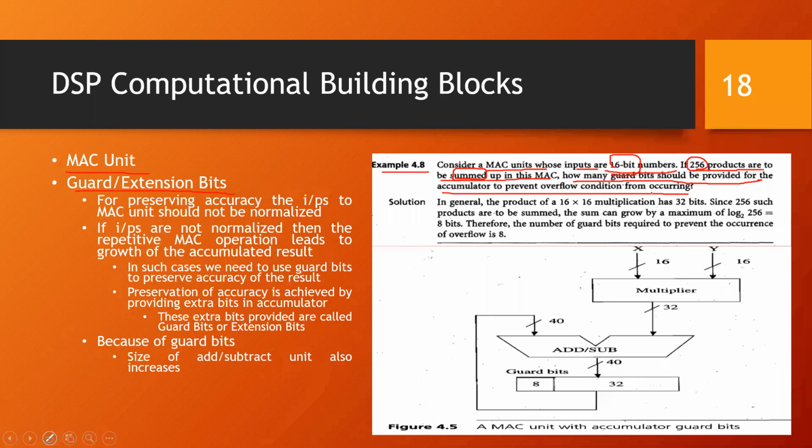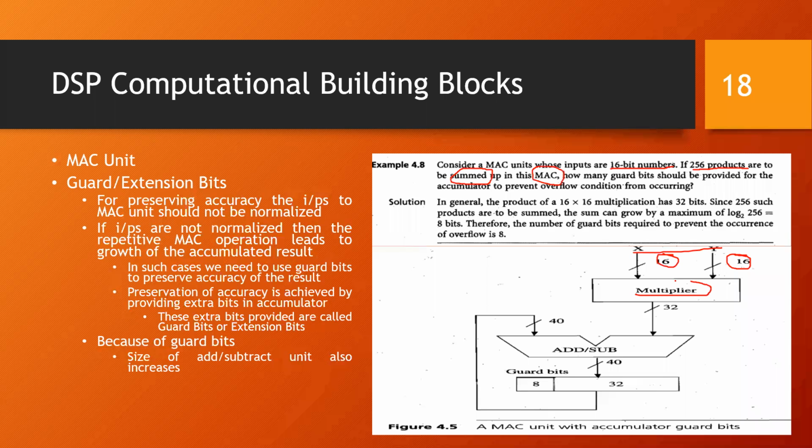Here, if you just observe, we have 16-bit numbers which are given as input, and there are 256 numbers which have to be summed up, and it is specified that it is a Mac unit. So what is the first part of the Mac unit?